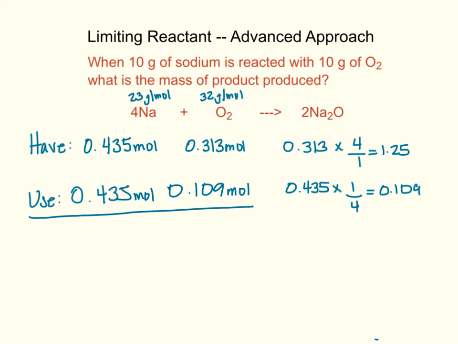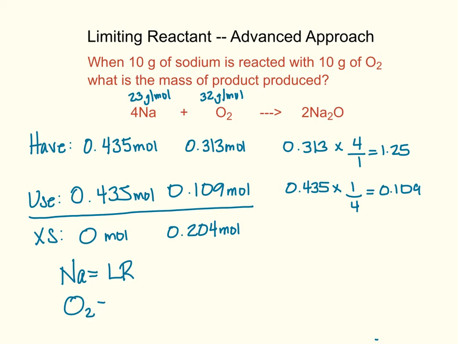So now to determine my excess, I'm going to have no excess moles of sodium and 0.204 moles of oxygen left over. So my sodium is going to be my limiting reactant, and my oxygen is going to be my excess reactant.